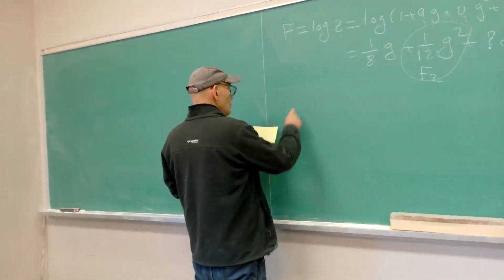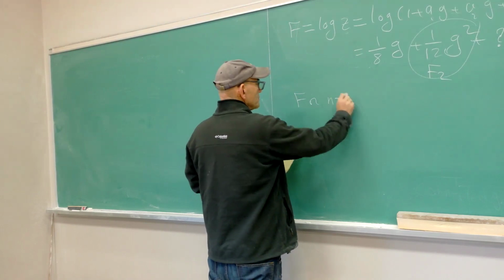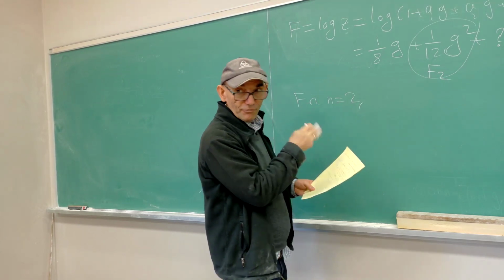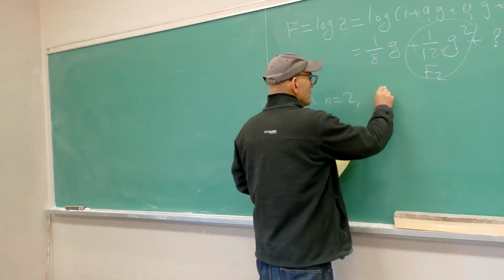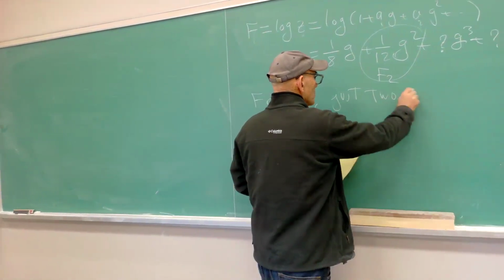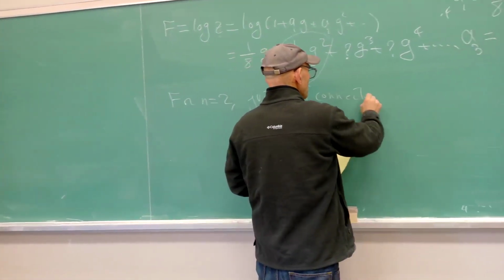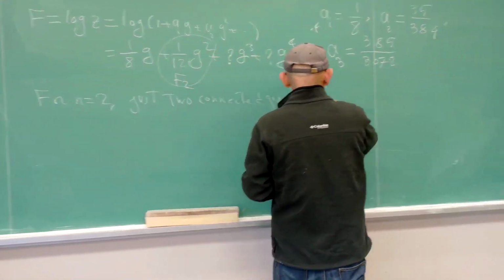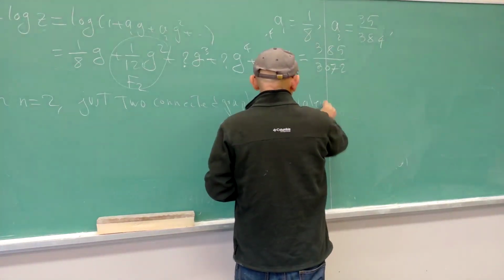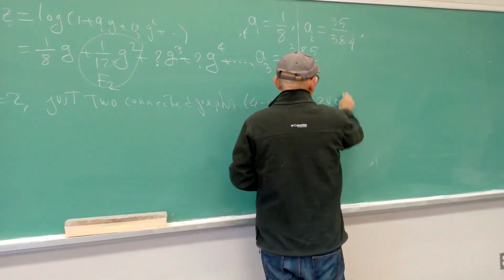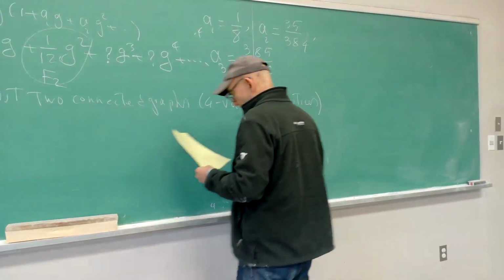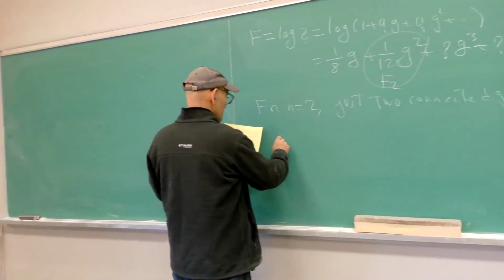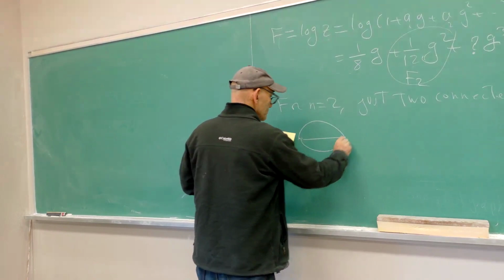So for n equal to 2, we saw that there are actually only two connected graphs, 4 valent, 2 vertices. So these are the graphs that again, I just write it here. So this was one of them.